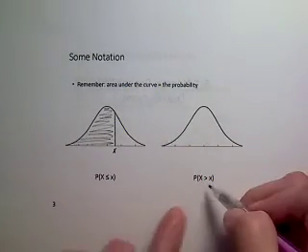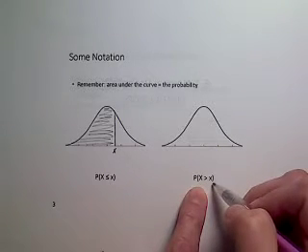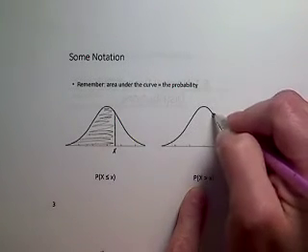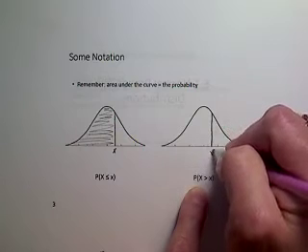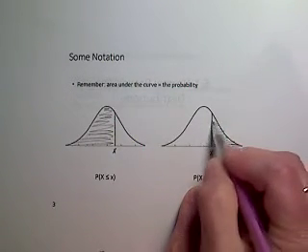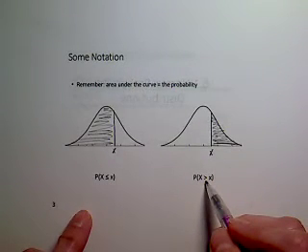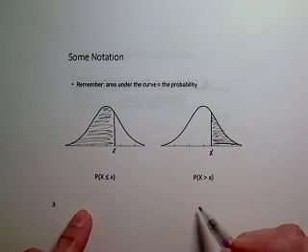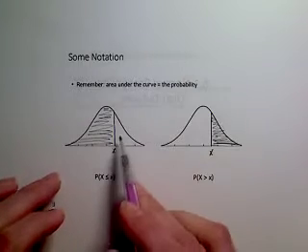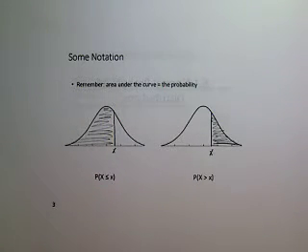Okay? When I say the probability that this thing is greater than x, there's my x, and it's everything up here. Okay? Now, again, does not matter if it's equal to or not equal to. What matters is whether it's less than or greater than. It matters which side of x we're looking at.